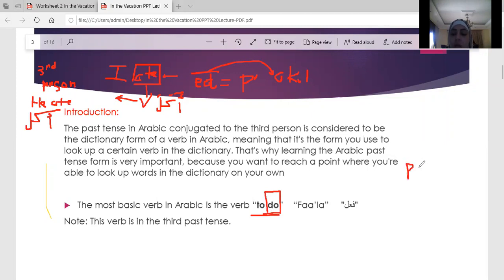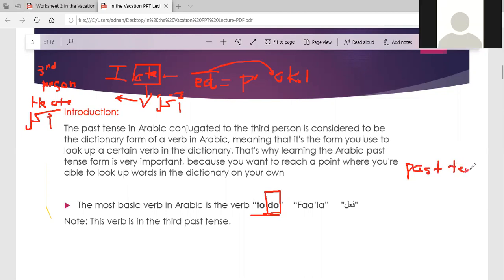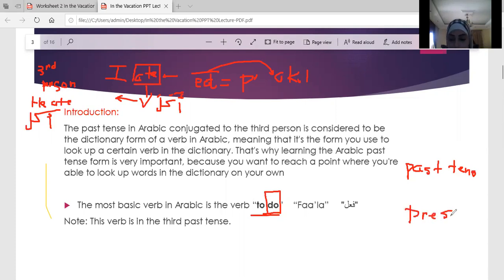Can anyone tell me? Or in the present tense? We took do in the present. Do in the present tense is أفعل, okay? It depends on what verb you have.